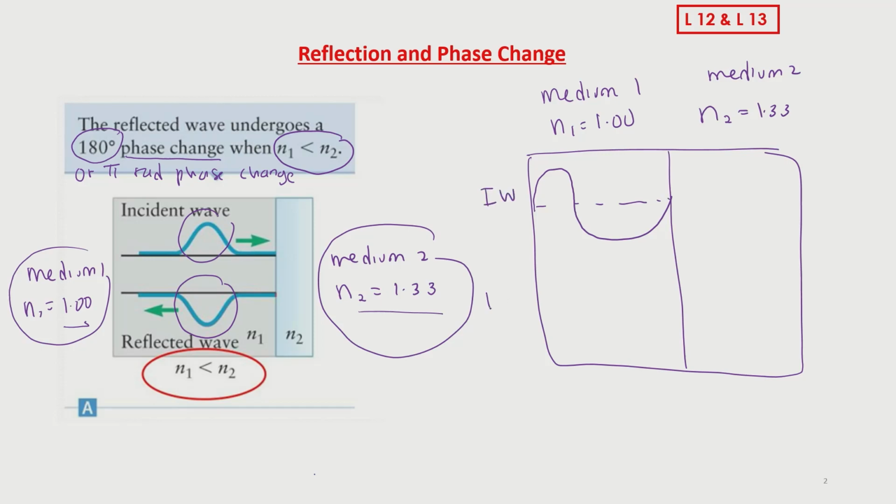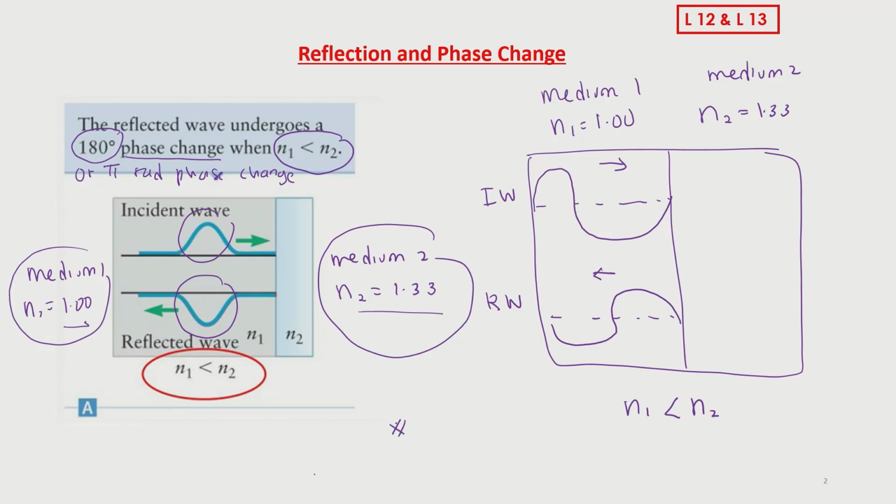Your reflected wave will become positive then negative. Why? Because there is a 180-degree phase change, because the refractive index of medium 1 is lower than the refractive index of medium 2. That's why there is a 180-degree or pi radian phase change.